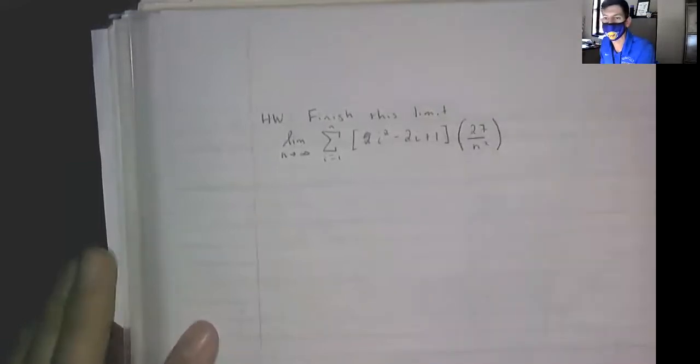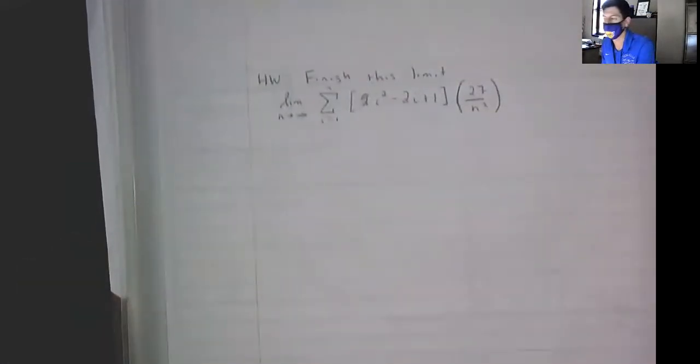The limit as n goes to infinity of the sum from 1 to n of, what is it? i squared minus 2i plus 1 times 27 over n cubed. All right, thanks for sticking with it, and we will see you mañana.